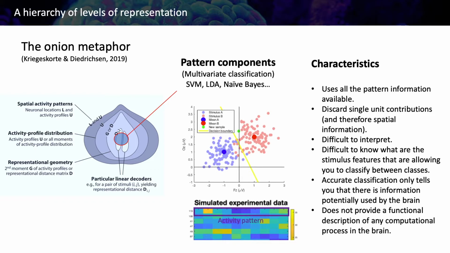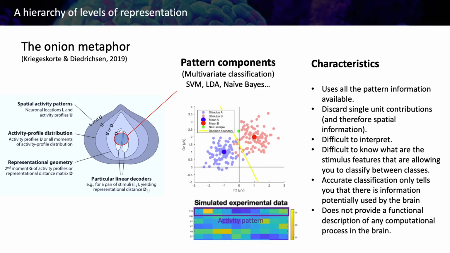Then you will see that there is information in the brain that you can use to classify between two conditions, or there is information in your recordings, because you have an artifact that is not related with brain activity, like a movement of the hand or something like that, that will also be picked up by the classifier to classify.